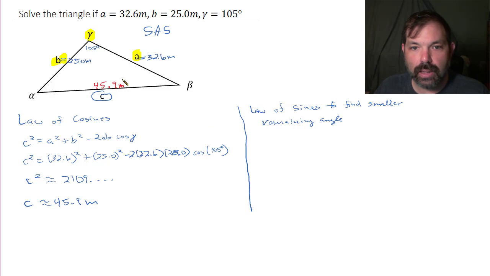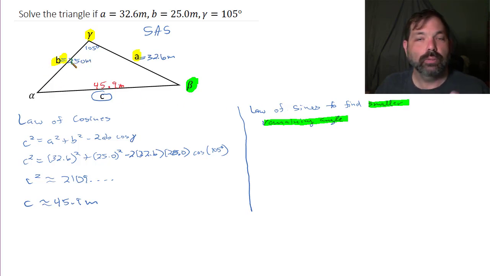Let's look at the sides: we have 45.9, 32.6, and 25.0. Beta is going to be the smaller remaining angle because it's opposite the 25.0. Remember, the smallest side is opposite the smallest angle. So let's solve for beta.